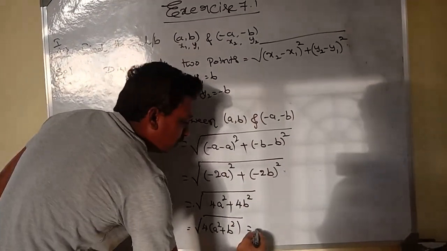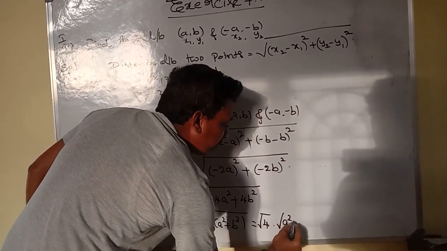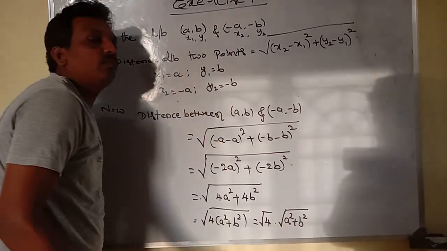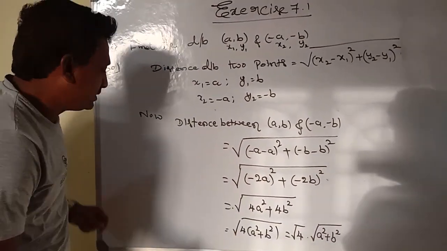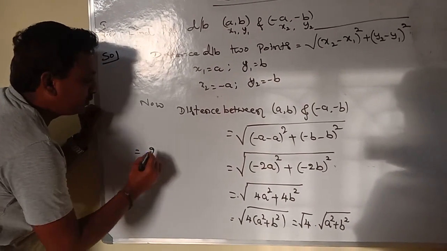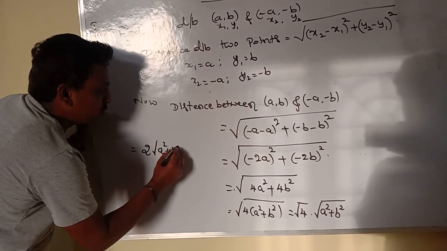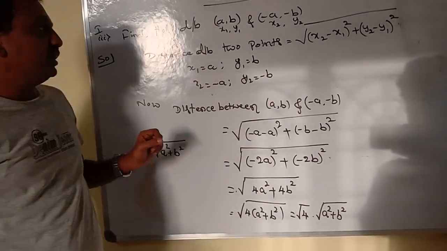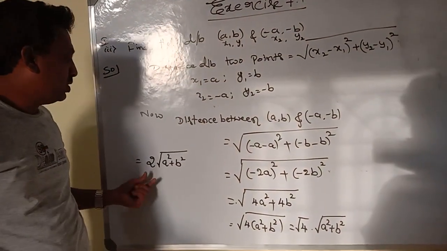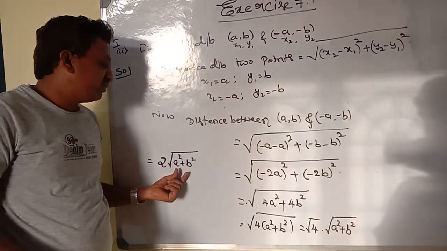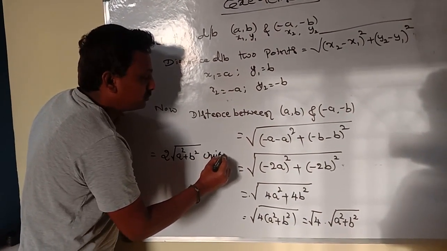We can write this as the square root of 4 into the square root of a square plus b square. Square root of 4 is 2. So the distance between (a, b) and (-a, -b) is 2 into the square root of a square plus b square units.